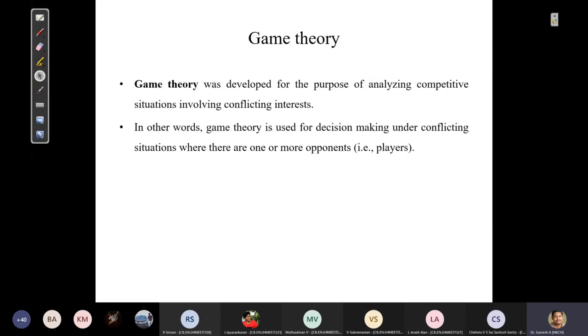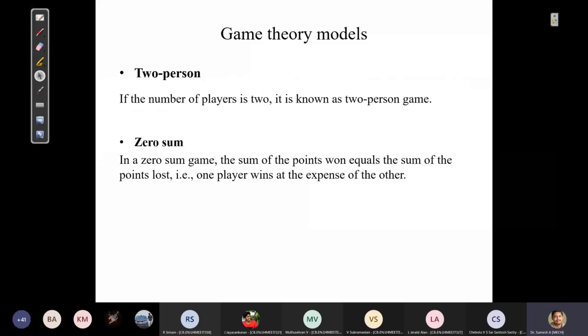There are two models available in game theory. The first model is called two-person, and the second is called zero-sum. So, two-person and zero-sum game. This is one way of classifying game theory.